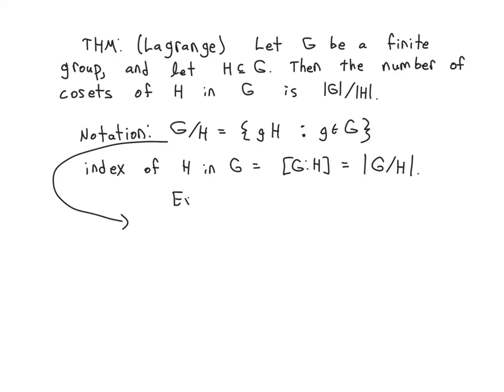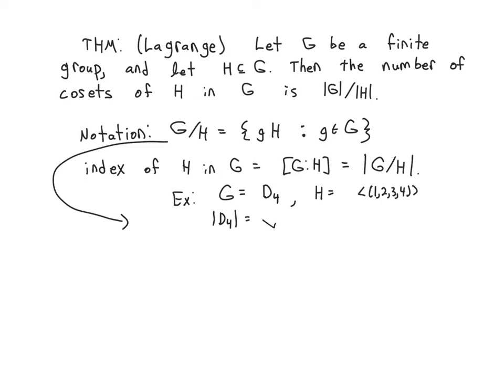So, for example, let G be the dihedral group on 4 vertices, and we'll let H be the rotation subgroup. Well, we already know by these calculations how many cosets there should be. How many elements are there in D4?